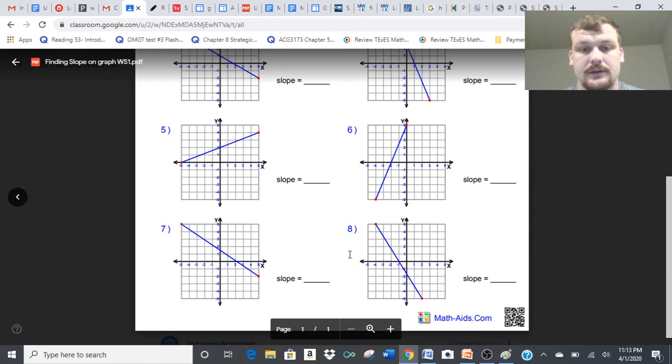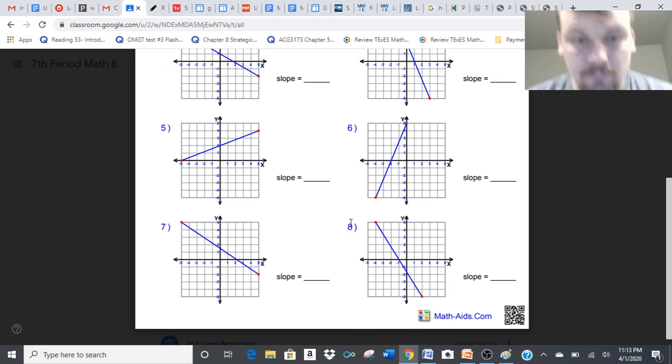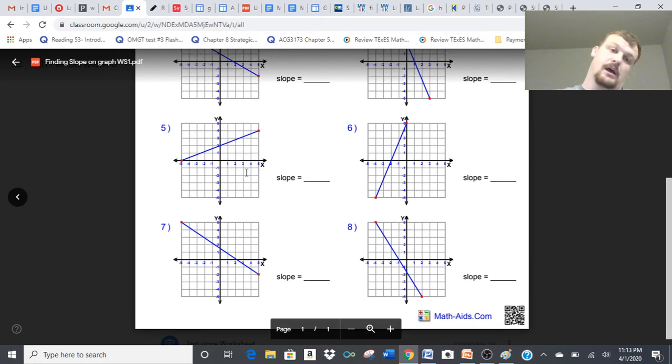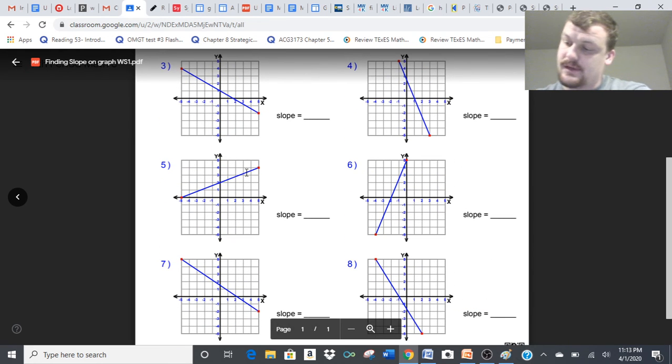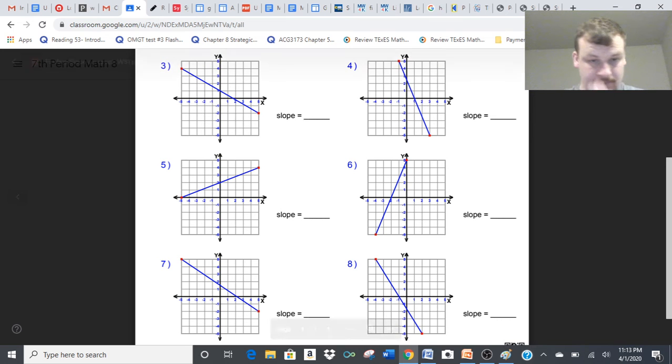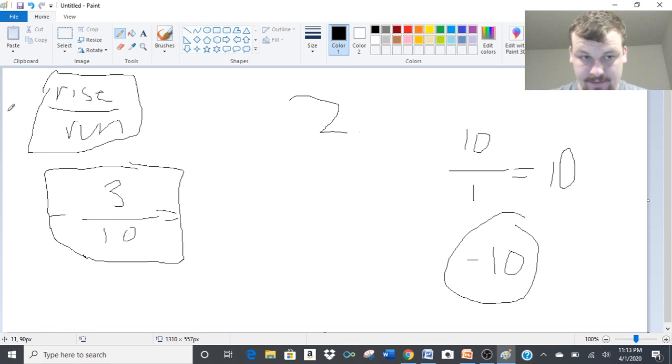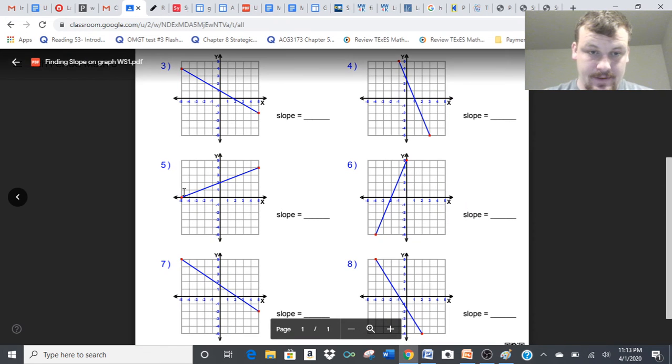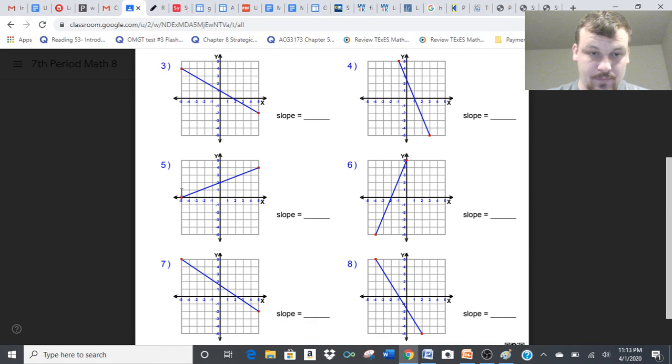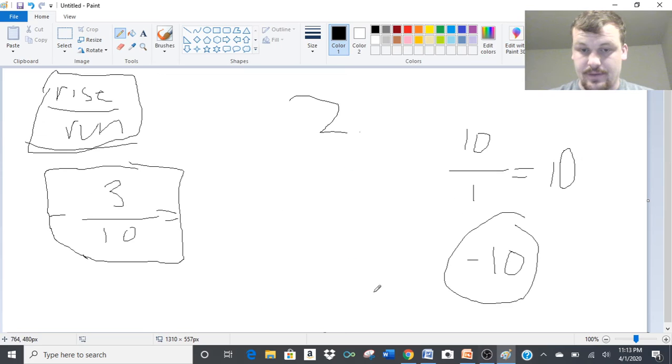All right, and here, since I feel like being nice, I'm going to do one more. Let's do number 5 on the same worksheet. So remember, again, thinking rise over run because it's on a graph. So our rise would be 1, 2, 3, 4. So right now you're thinking for number 5, 4 over something.